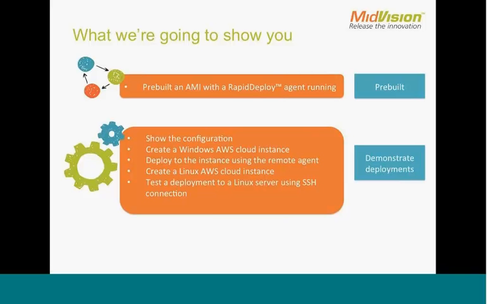For example, in AWS I have some settings, and also in RapidDeploy I have a project set up, and I have an AMI with our agent that starts up automatically. Then I will go through these configurations and show how to deploy to the AWS cloud instance using the remote agent, and then I will also show another deployment to a Linux instance using an SSH connection.